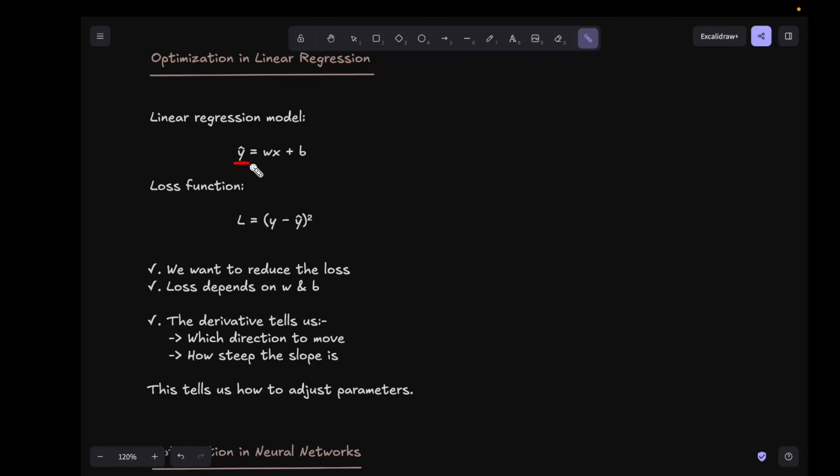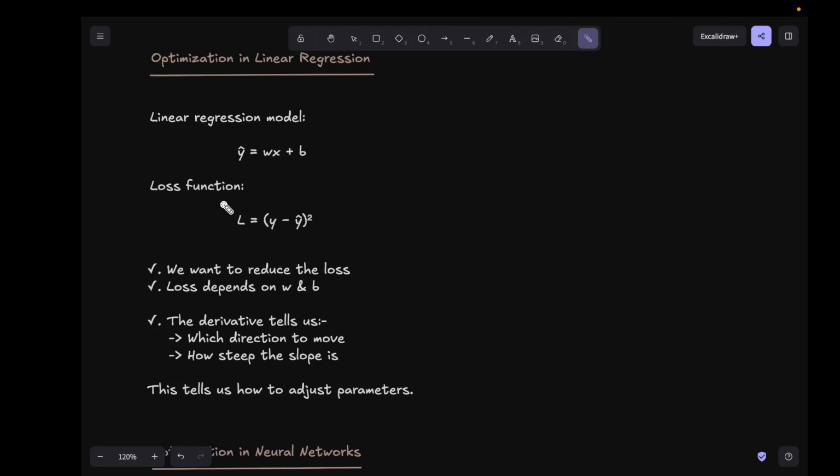Comparing with y equals mx plus c, y cap is the predicted output, x is the input, and m is the slope. In the machine learning model, w is the weight, and b is the bias or the intercept, like c. We talked briefly about linear regression in the linear algebra session.